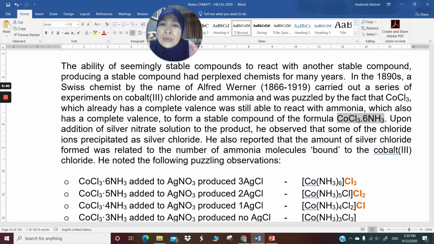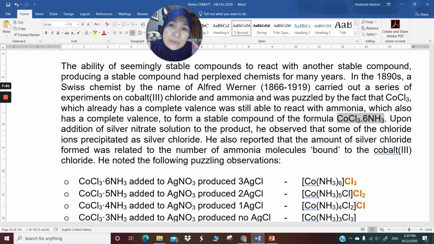As elementary chemists, we all know that to identify chloride, you add silver nitrate and you get silver chloride, a white solid, if the chloride is free to react with silver.